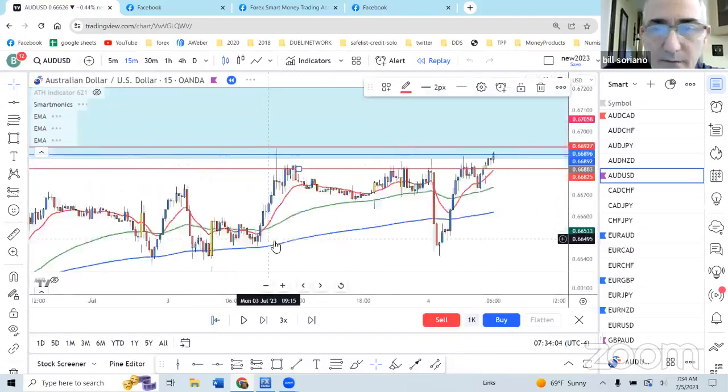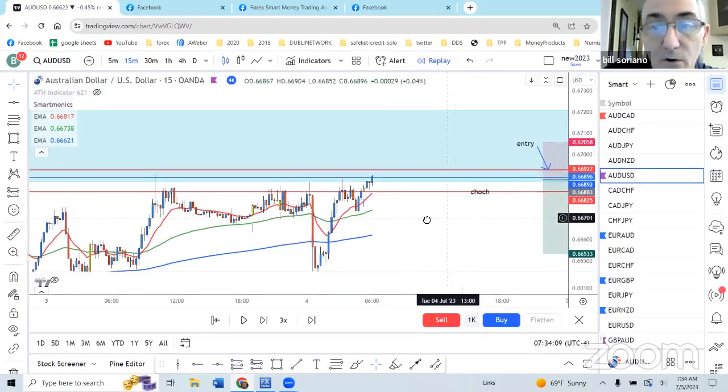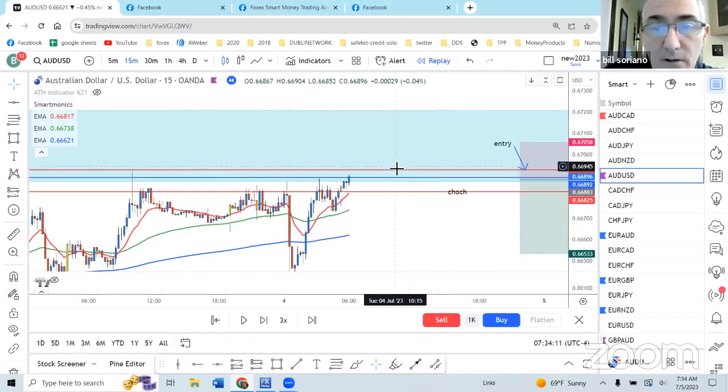So this teal area, of course, is our 4-hour order block, and this navy blue line is always the point of interest. So that's basically just the open of the institutional candle that we're using to identify the order block.